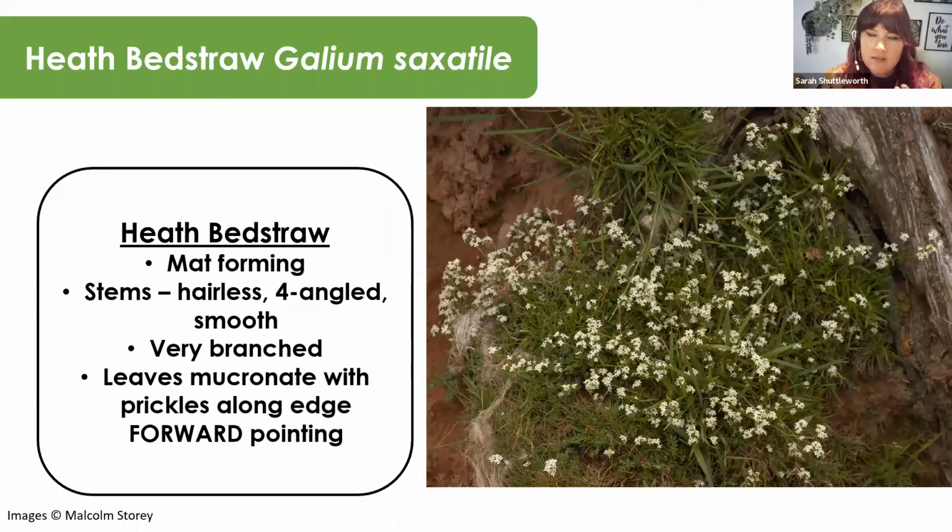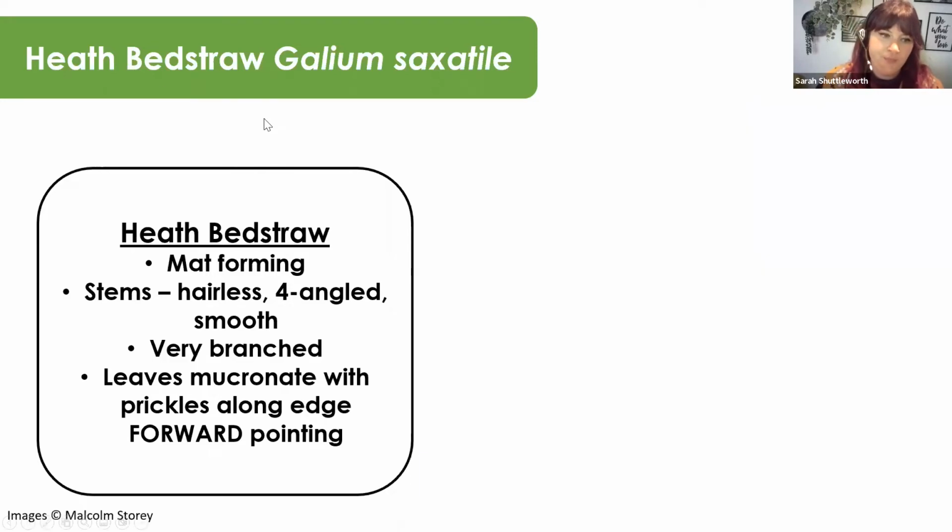Some of the books will tell you exactly how many leaves per whorl on average, but they often are all very similar in the bedstraw family. And importantly, they have prickles along the edge of the leaves, and those are forward pointing. So that can be quite a useful tip for some of the other bedstraw species that point in a different direction.